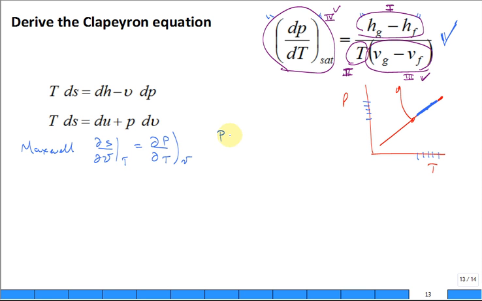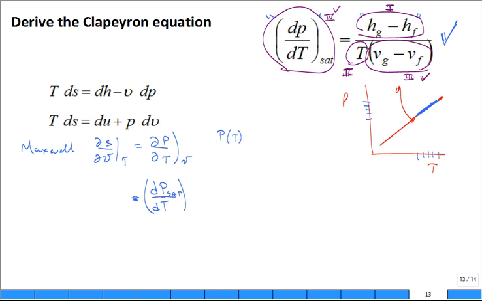Well, if it's in the two-phase region where you're changing phase, then the pressure is a function of temperature only. True? So this whole partial derivative just goes to the ordinary derivative, where the saturation pressure is a function of temperature only. That's how you handle reducing the complexity of that right-hand side.